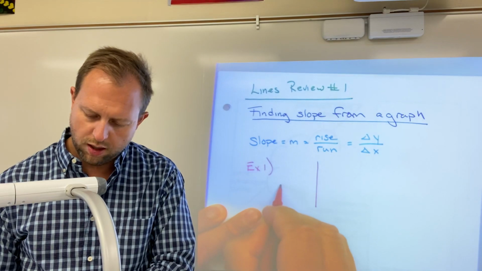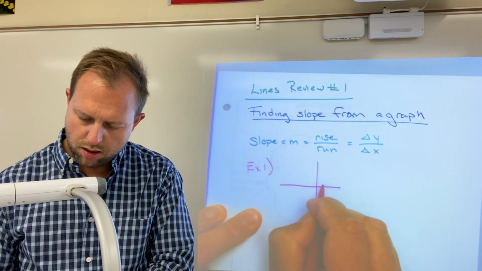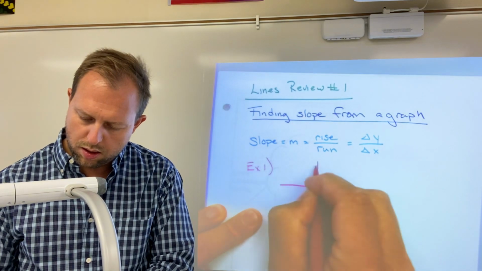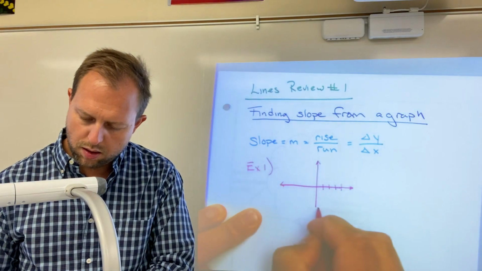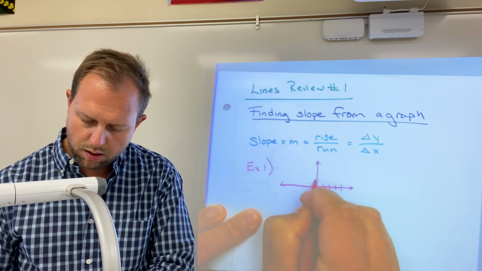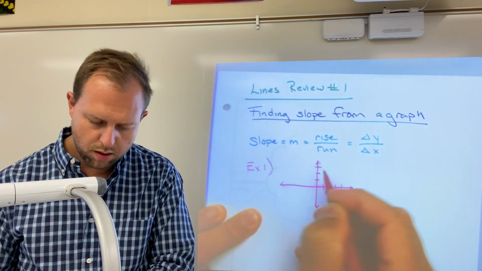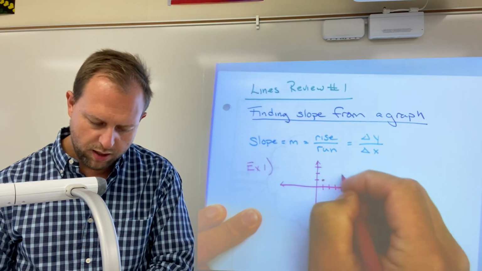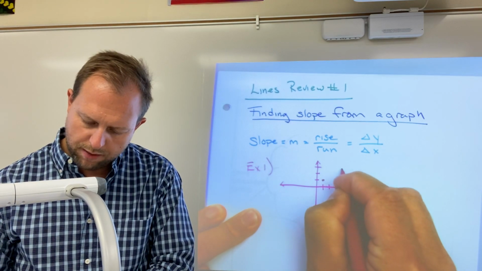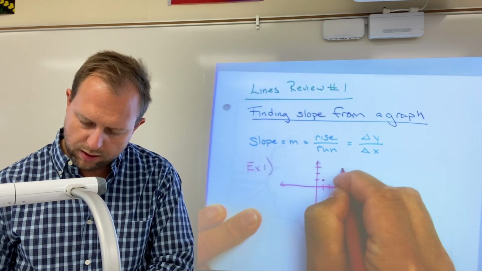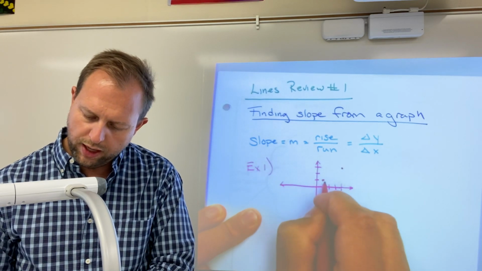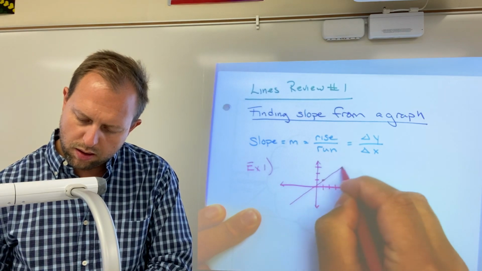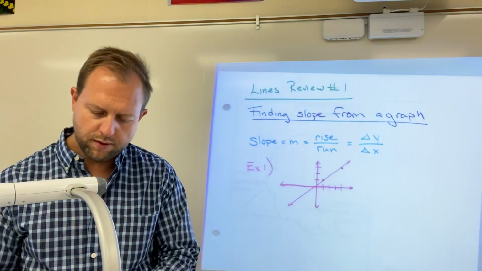sketch out a graph here. Got a point roughly at 1, 1, and a point at 4, 3 on a line.